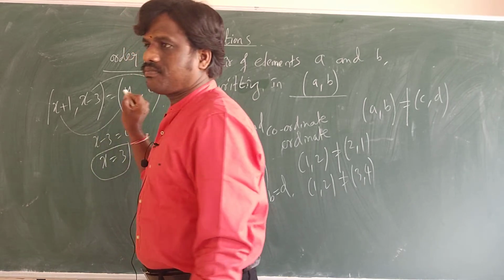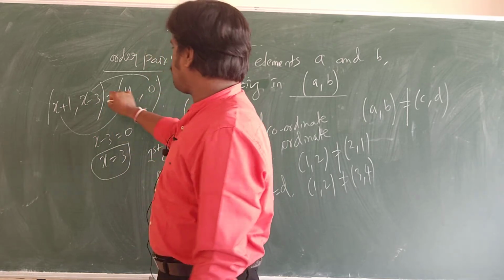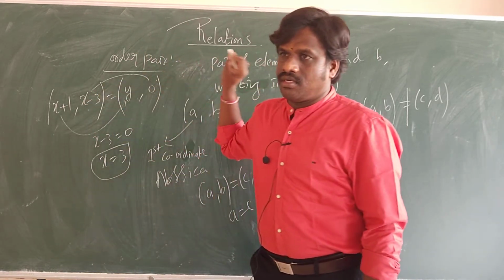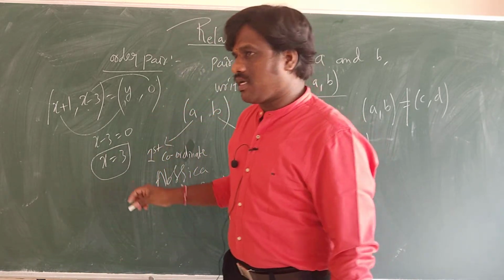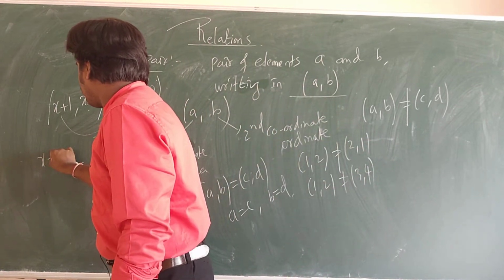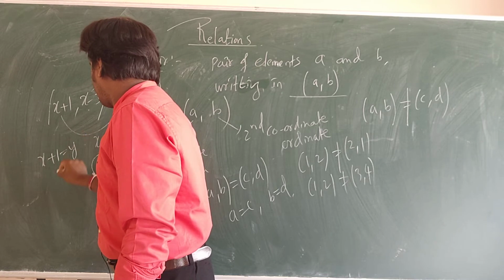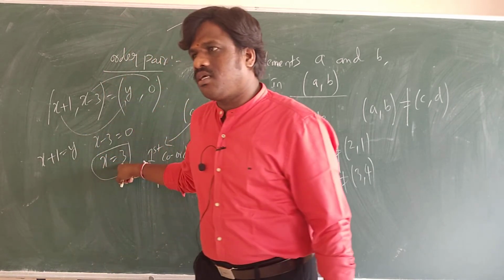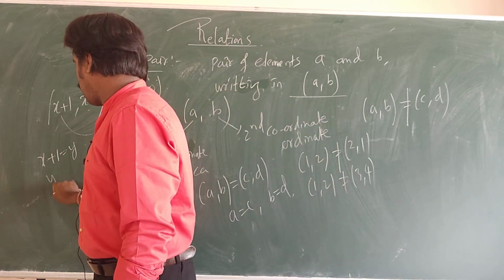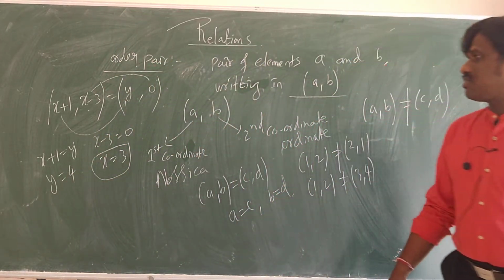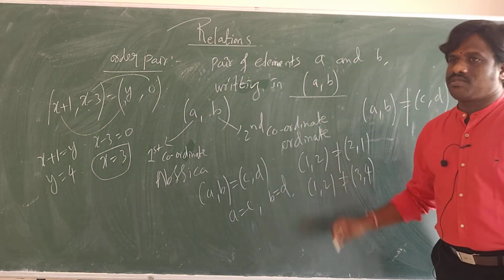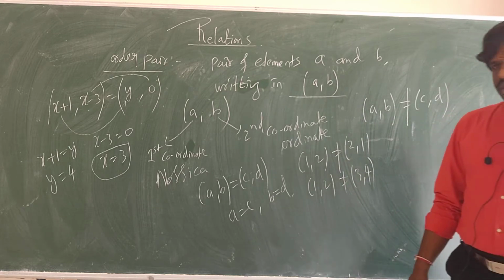Now the first coordinates: x plus 1 is equal to y. x is 3, so 3 plus 1 is 4. So y is equal to 4. To solve such simple questions, ordered pairs are used. Understood ordered pair?